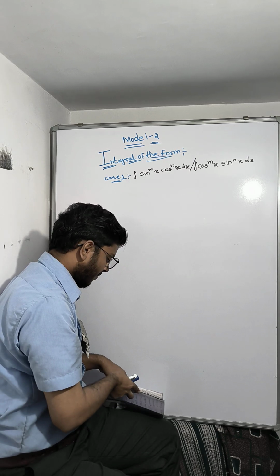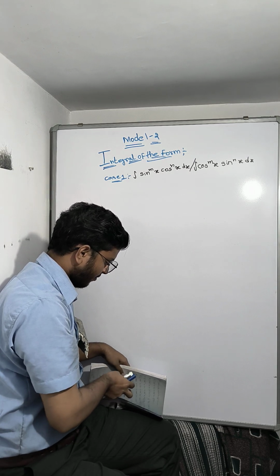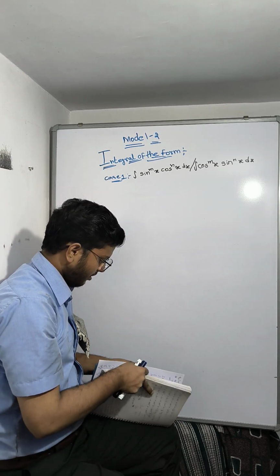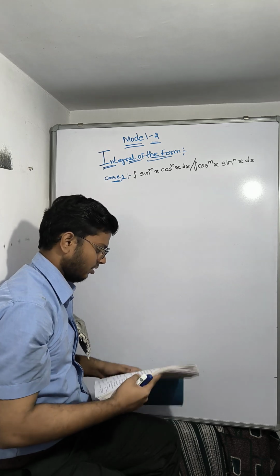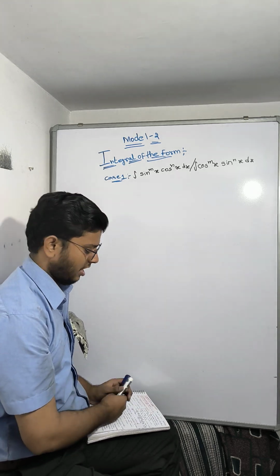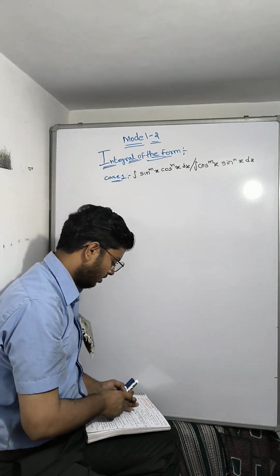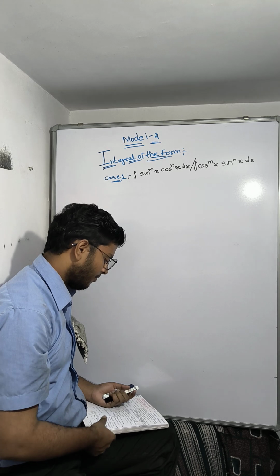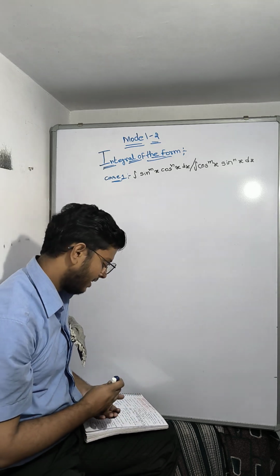Case number 1, how to solve case number 1 means by using of... we have to see a few different cases we have in this model, according to the basic rules, basic values of m and n.